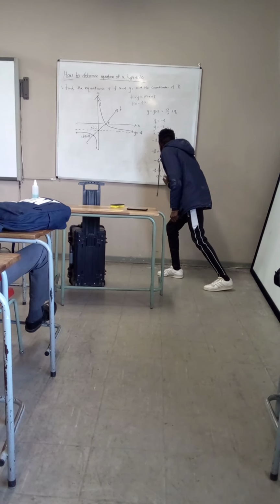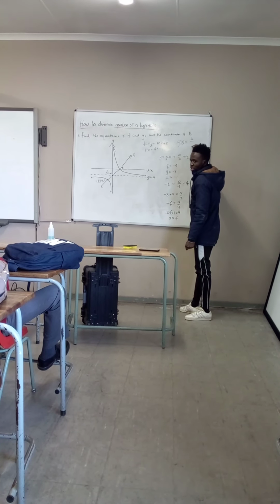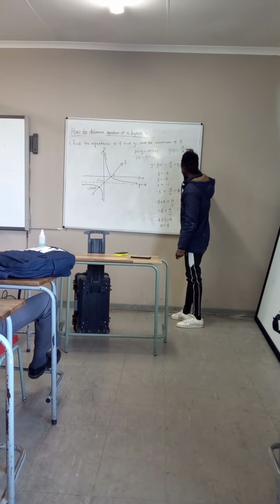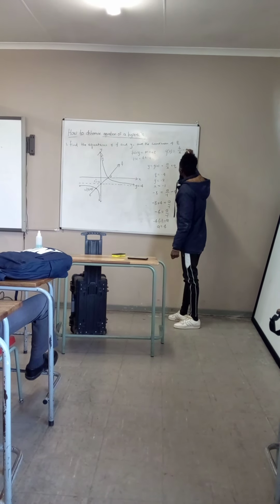Now our g of x will be what? 4 over x minus 4 will be my g of x.